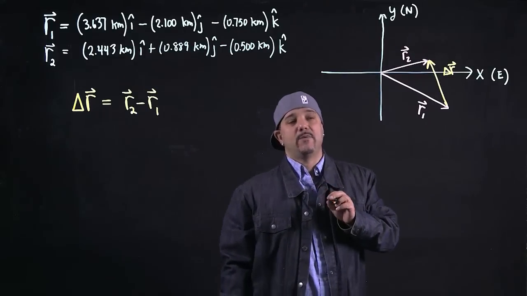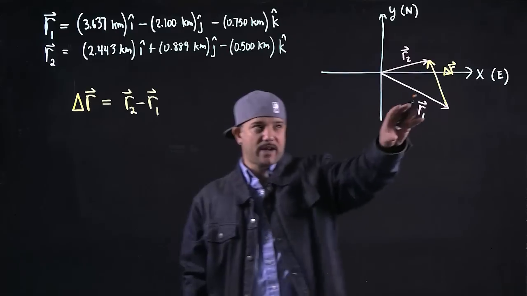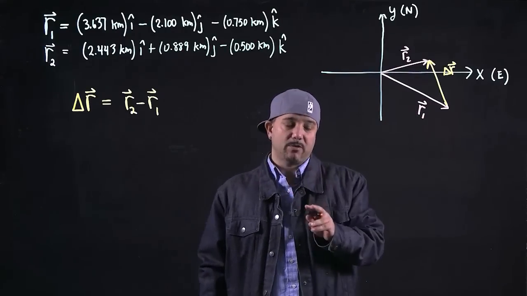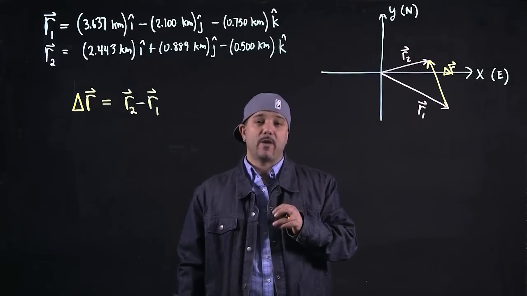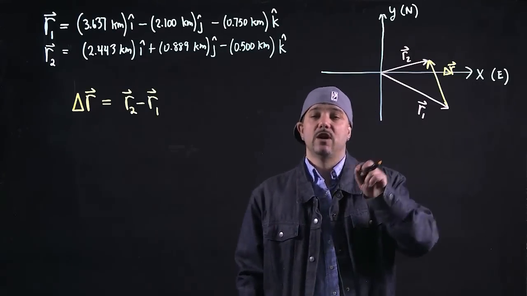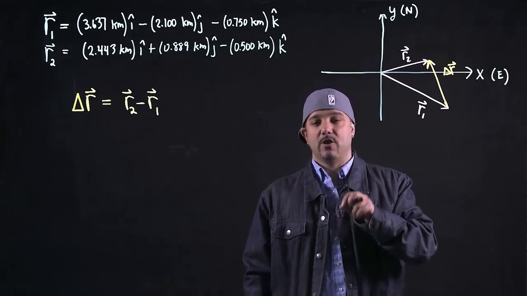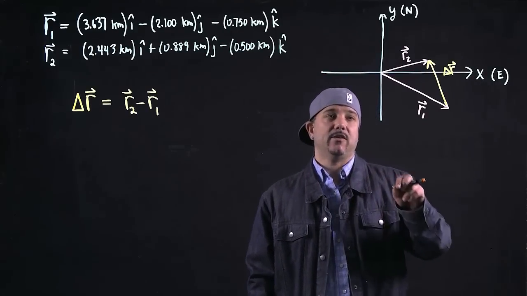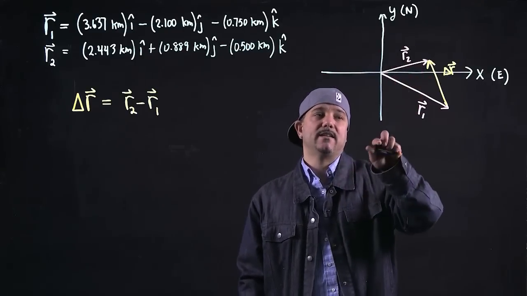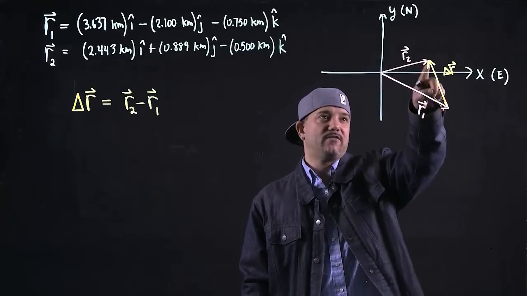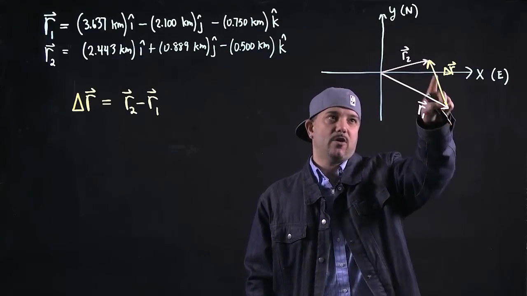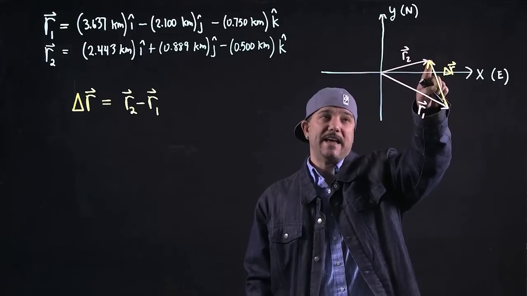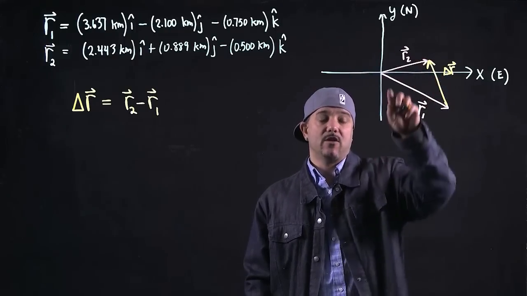Before we do the vector algebra, let's verify that this is the correct vector relationship. Another way to check that is to remember that when you add vectors, you're going head to tail, head to tail. So let's look at this picture again. If we follow the arrows one right after each other, here we have R1, and then it goes into delta R, and that takes us to the final position R2.